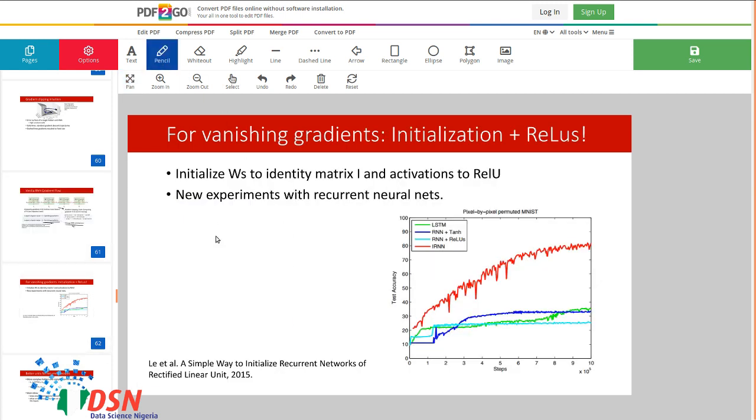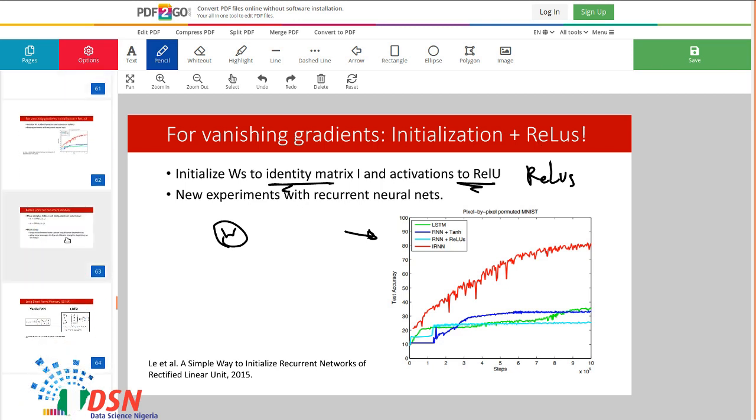So for vanishing gradient, one thing is to use good initialization, or initialize the weight matrix with the identity matrix, and set the activations as ReLUs. In that case, the experiments show that we could have higher accuracy than normal RNNs, okay, using initialization and ReLUs as the activation functions.